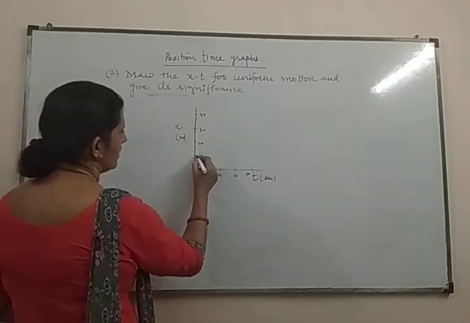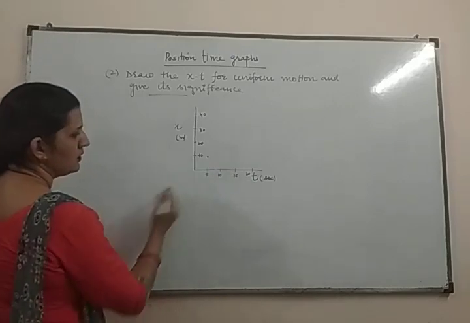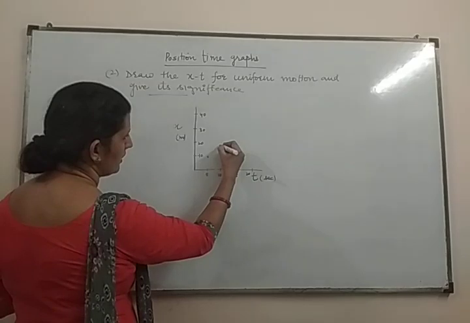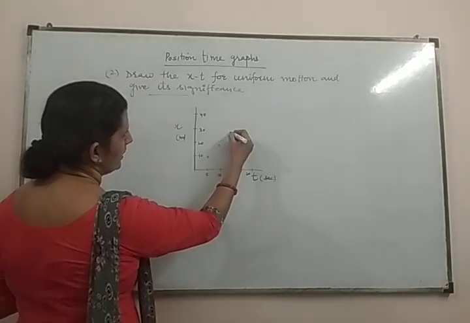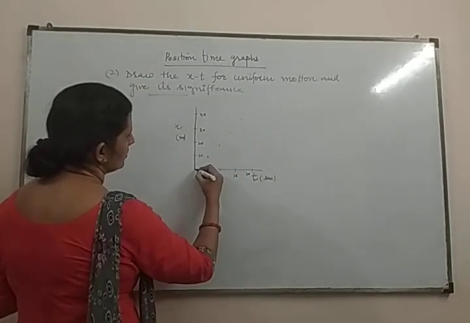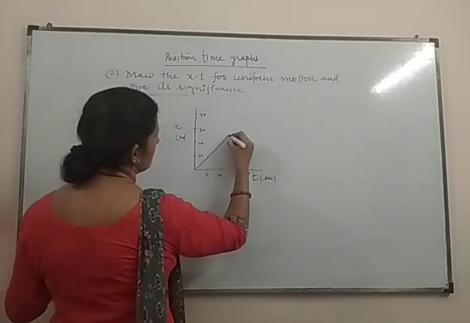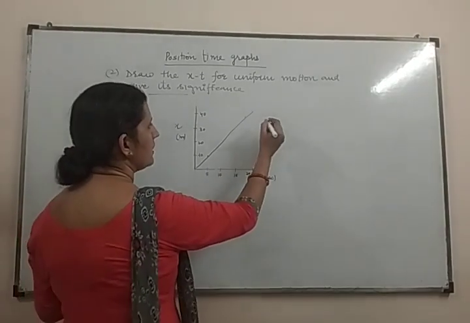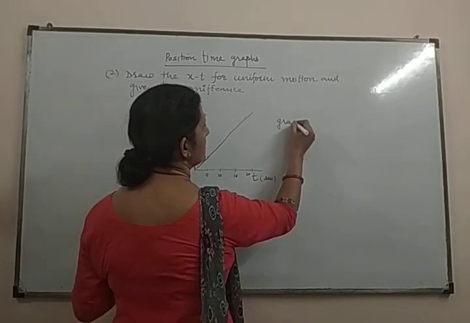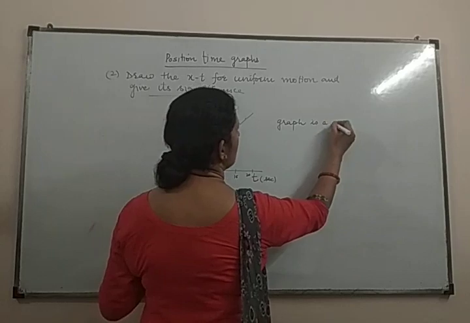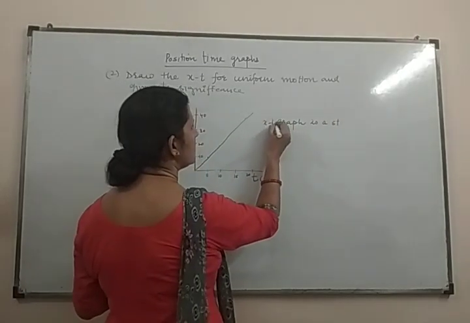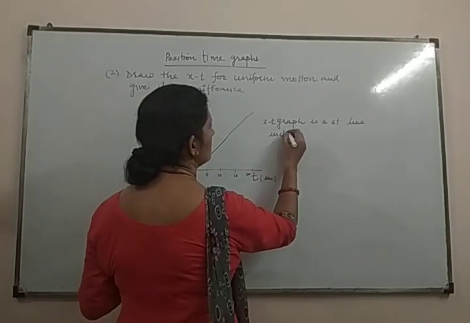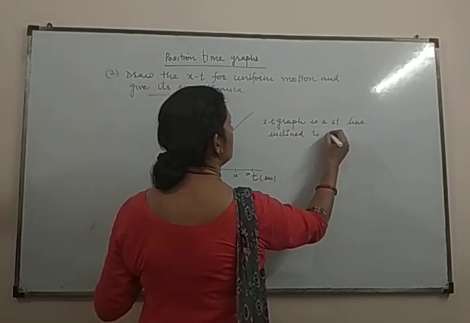If it is traveling in an interval of 5 seconds, again traveling in an interval of 5 seconds, and so on, the graph is a straight line. What is the nature of the graph? You will write here, the graph is a straight line. You can say the XT graph is a straight line inclined to the time axis.